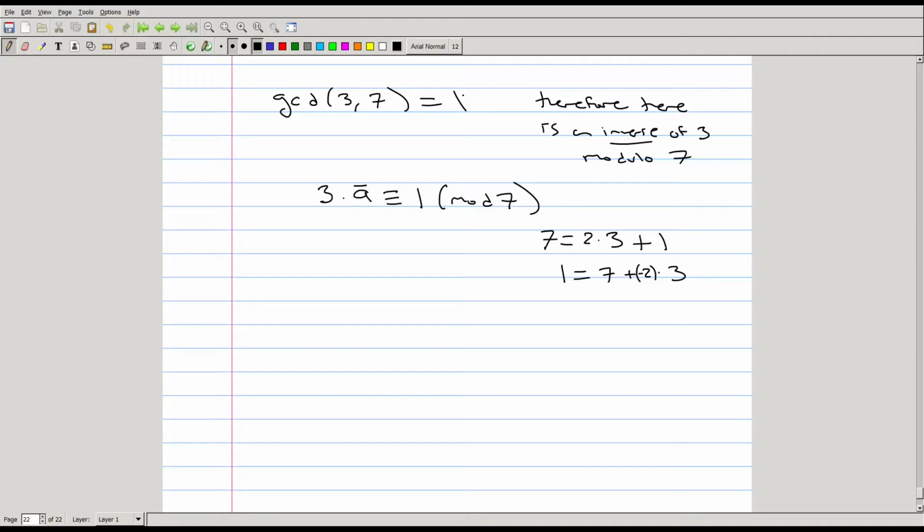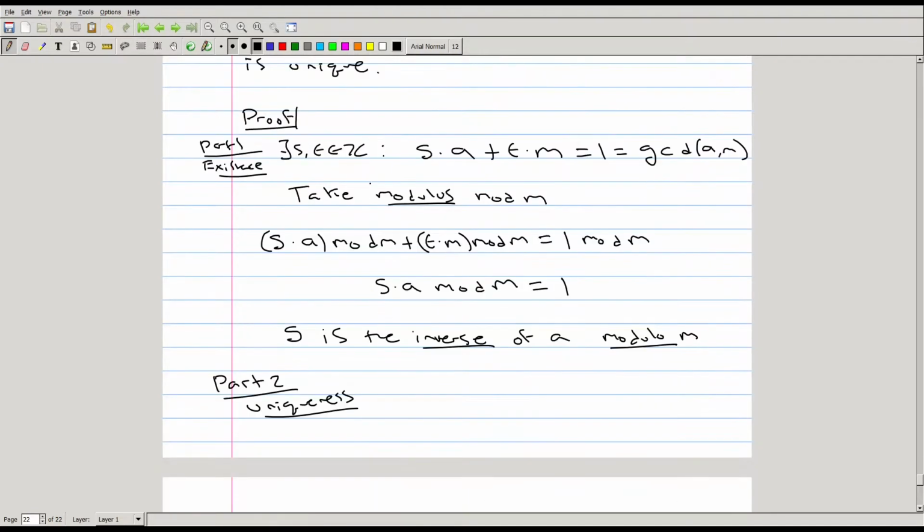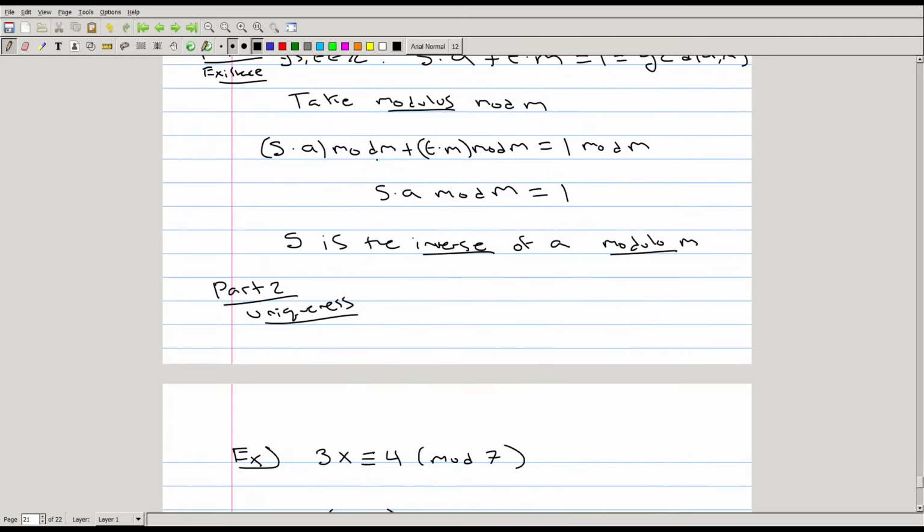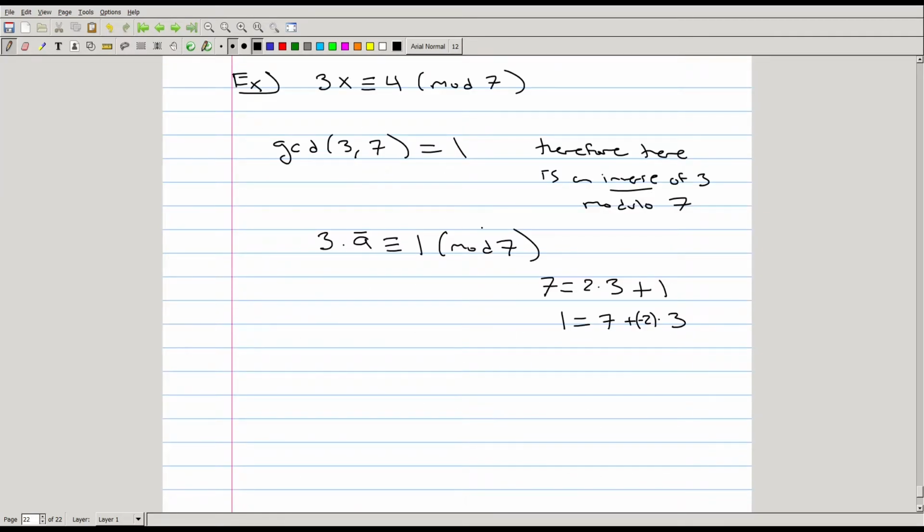But this means directly that this Bezout coefficient, as proved in the previous theorem, is the inverse of 3 mod 7. So -2 is this inverse.